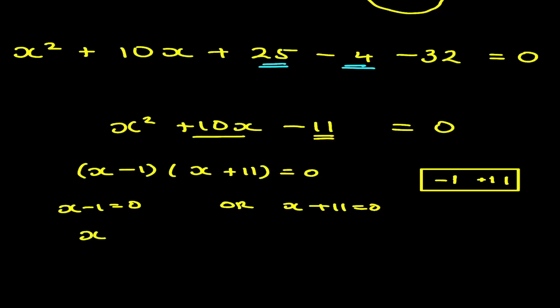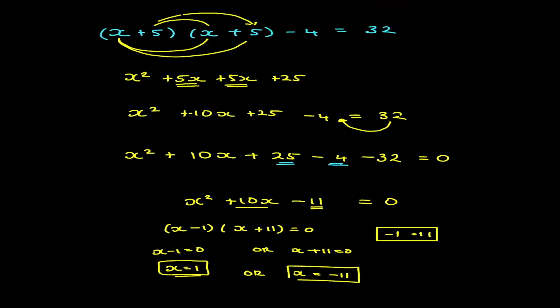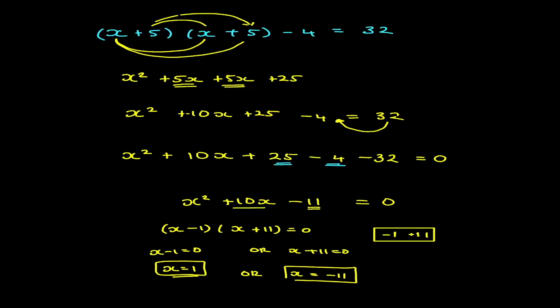Then we could rearrange this and x will equal 1 or x would equal negative 11. So two solutions. You can actually substitute them back into your quadratic, I'll let you do that for homework, or into our original equation, and just make sure it holds true. It should for both 1 and negative 11.